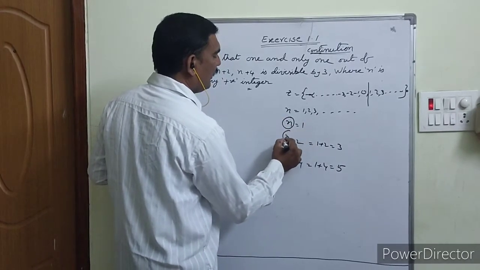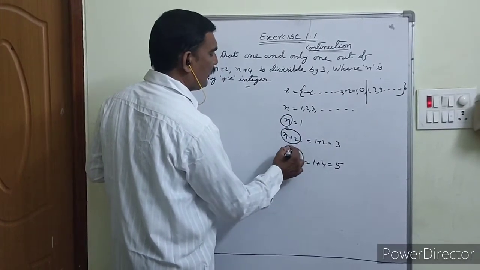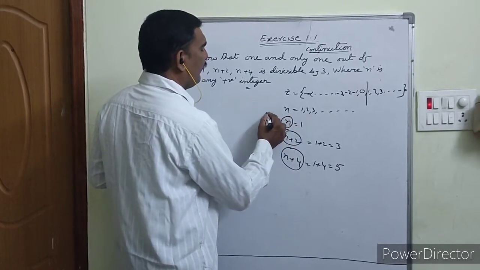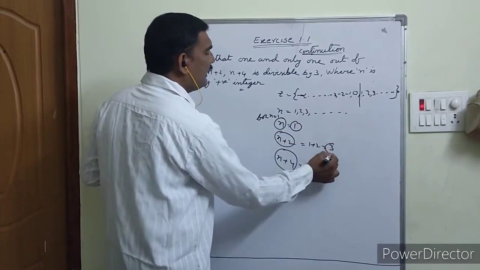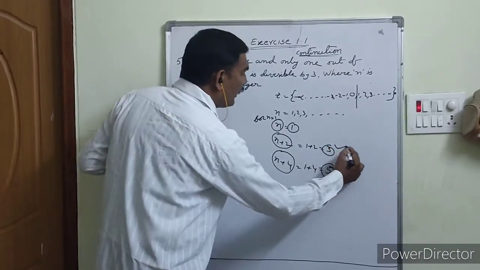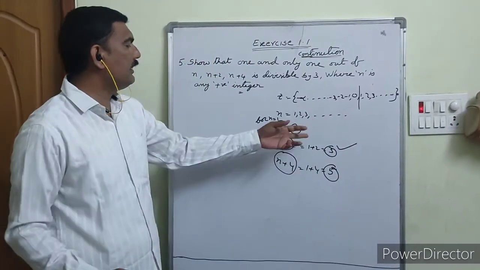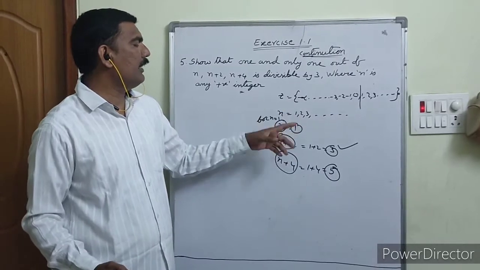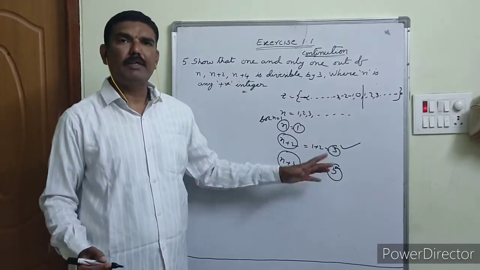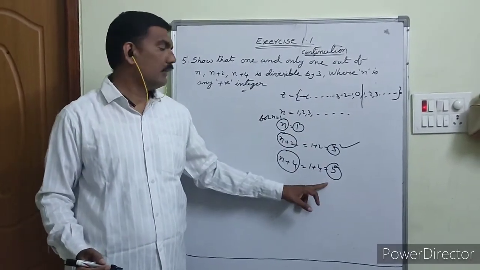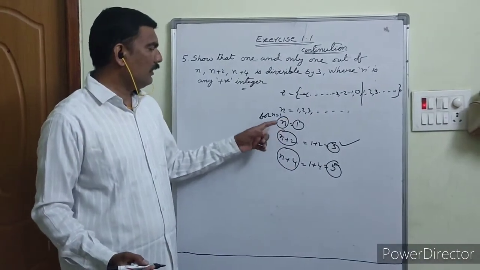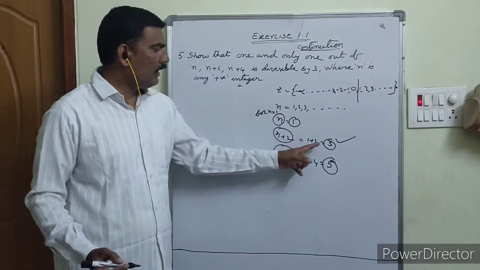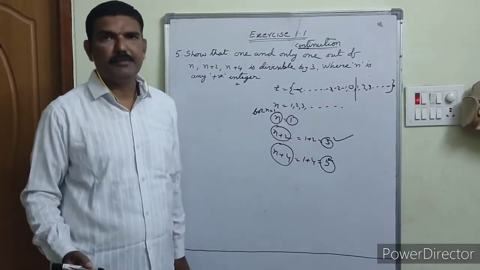So for n equal to 1, among these three, only one is divisible by 3. 1 is not divisible by 3, 5 is not divisible by 3, but 3 is divisible by 3. For n equal to 1, among these three, only 1 is divisible by 3.